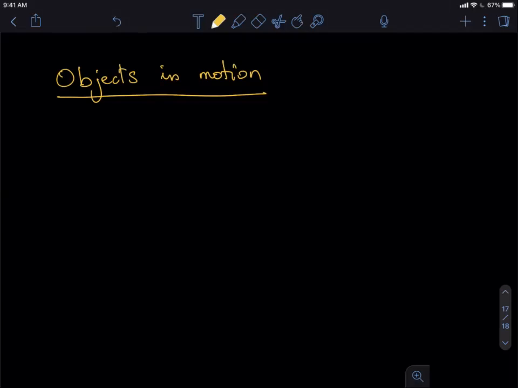In this video, we are going to see how derivatives are useful for understanding the motion of an object in a straight line. So here, there are some quantities that we need to keep in mind. S of t is the position of the object at time t.